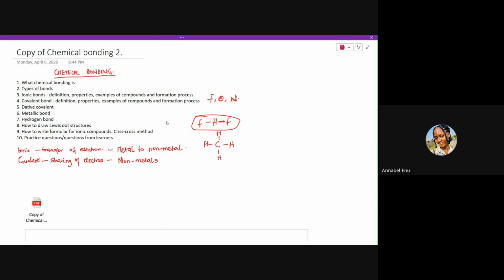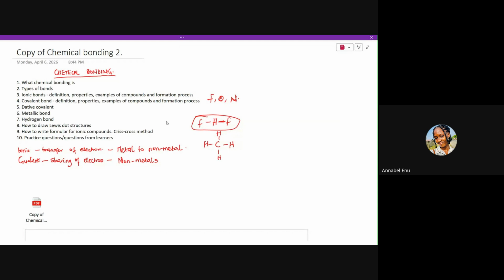But in dative covalent bond, it's only one non-metal that shares electrons. Then the other one just accepts the sharing and participates in it.